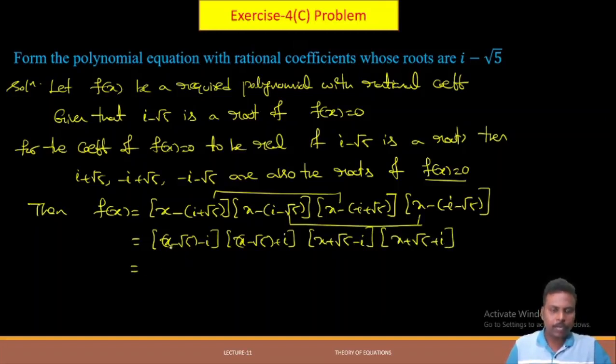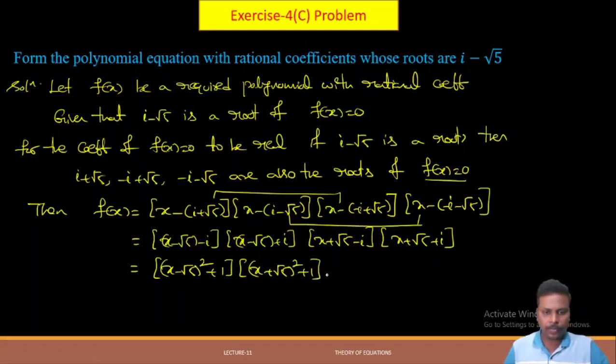So it is the form a plus ib, a minus ib. So this is x minus root 5 whole square plus 1, and this is x plus root 5 whole square plus 1.